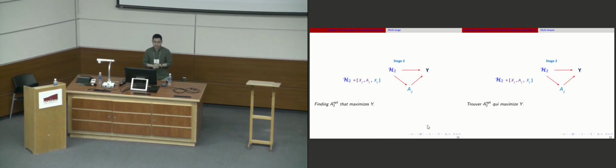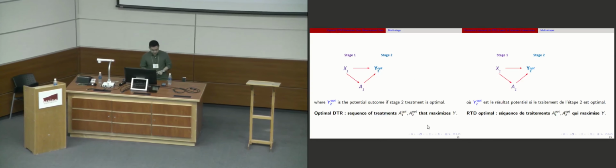We solve the problem from the last stage with a one-stage implementation. We can find the A2 optimal that maximizes the final outcome Y. Once we have this A2 optimal, we can construct a new outcome denoted as Y2 optimal.